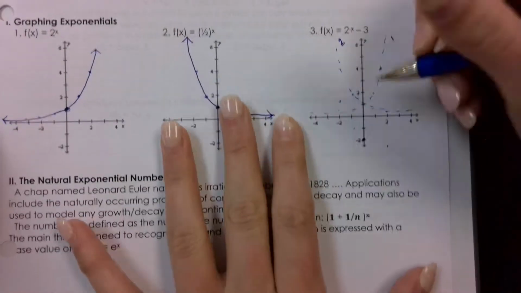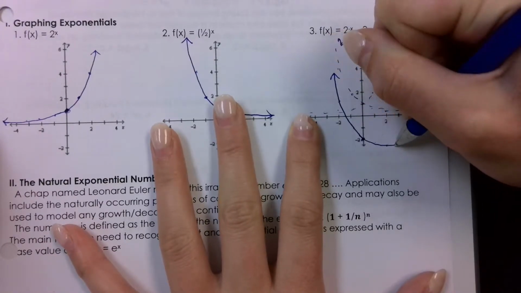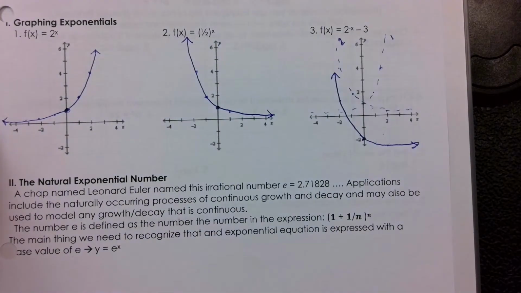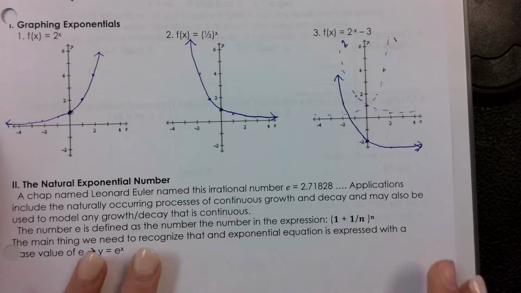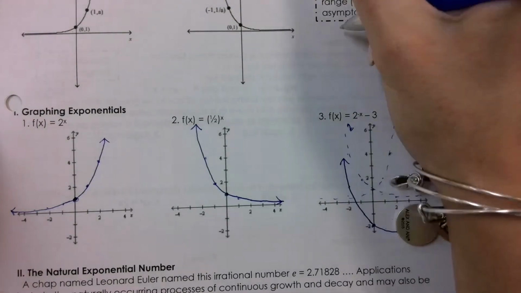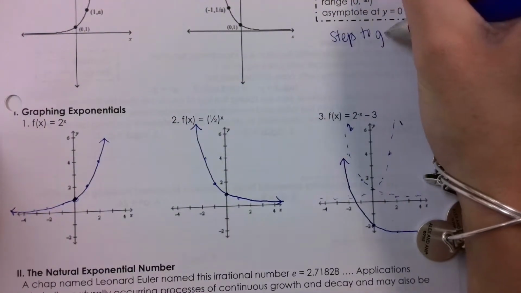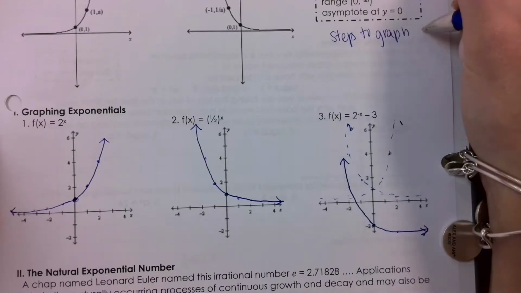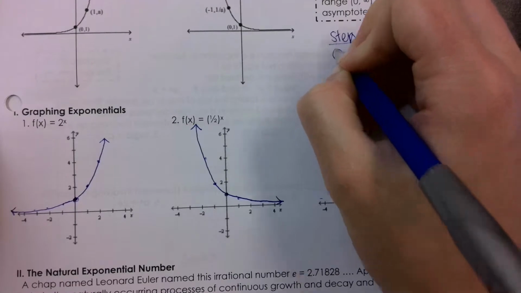Does that make sense? So we have 1, 2, 3. Yep, that's what a -3 means.